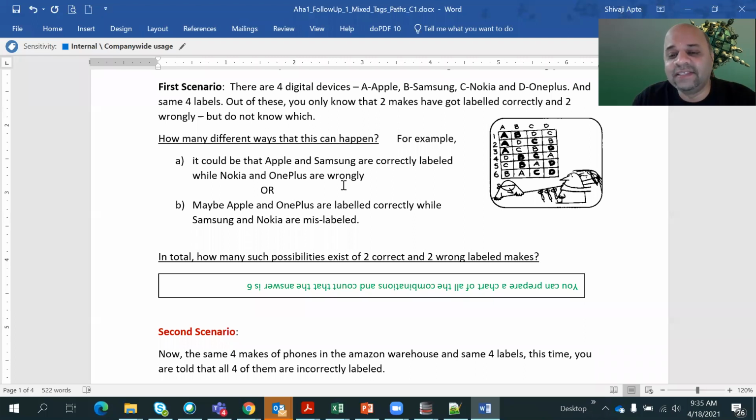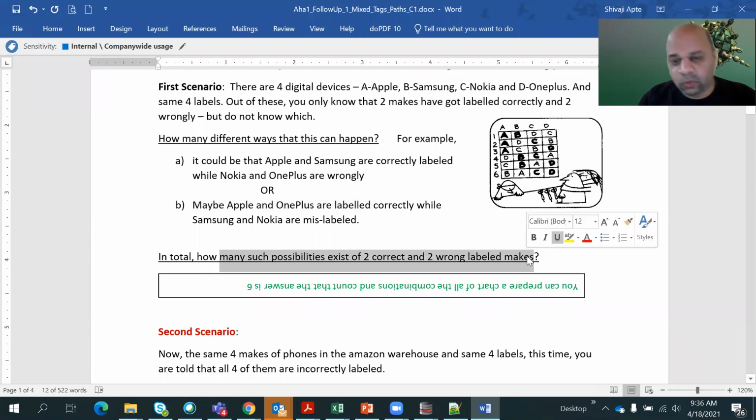So to answer a question like this: if I ask, in total, how many such possibilities exist for two correct and two wrong among the options we have got? There are only four phone makers and four labels, and we know that two of them are right and two are wrong. Which ones we don't know, but there could be many. It could be any of the possibilities.